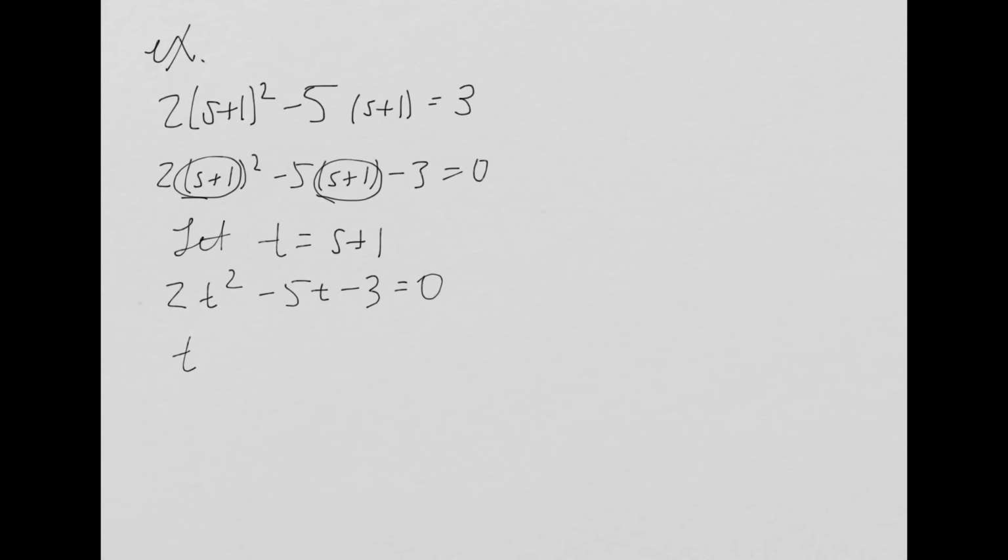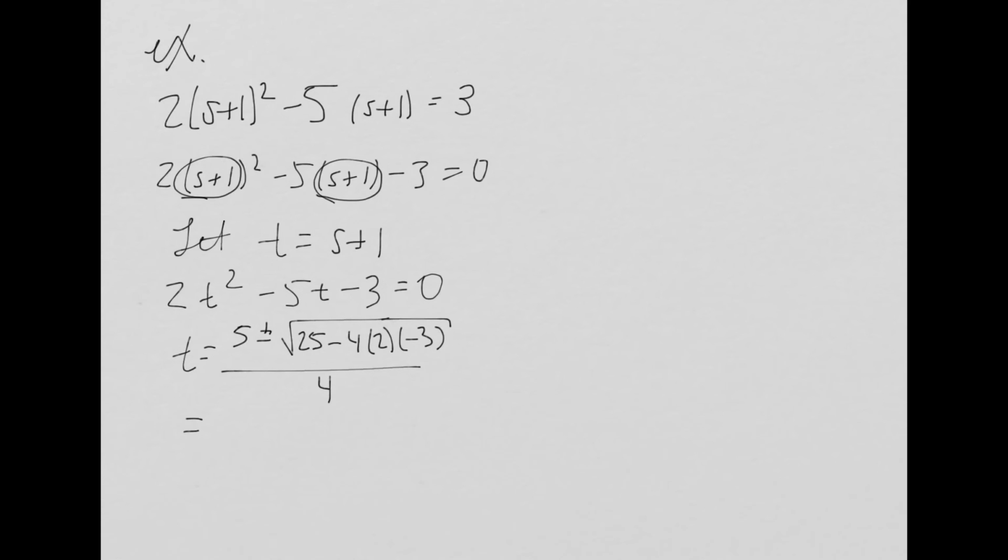Well, use your quadratic formula. So the quadratic formula says t is going to be 5 plus or minus the square root of 25 minus 4 times 2 times negative 3, all over 4. So underneath the radical, what am I going to get?